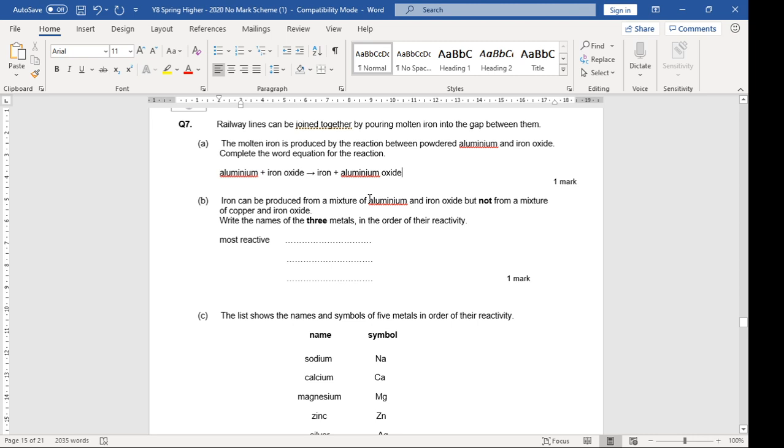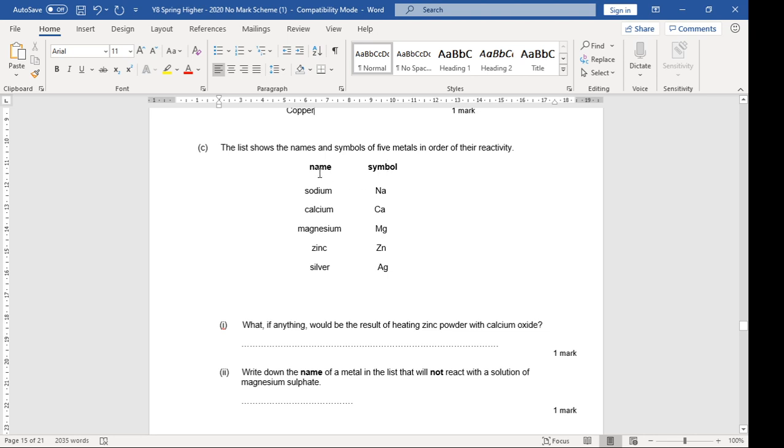Iron can be produced from a mixture of aluminium and iron oxide, but not from a mixture of copper and iron oxide. Write down the names of the three metals in the order of their reactivity. So aluminium must be the most reactive. Iron is the next most reactive, and then finally we have copper.